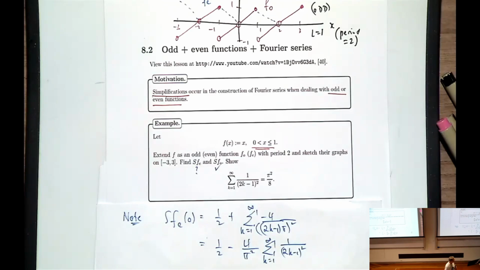Okay? So I'm going back to my original graph. I'm taking limits from both sides as x approaches 0, and I'm saying, what's the average of the two limits? Well, you've got 0 on one side, 0 on the other side. The average has got to be 0. Okay?